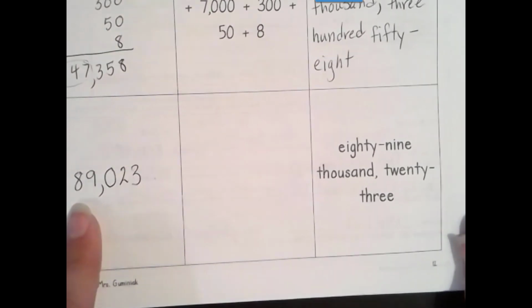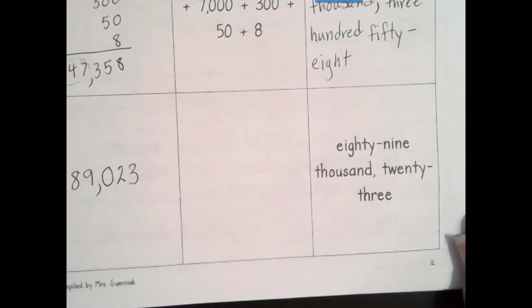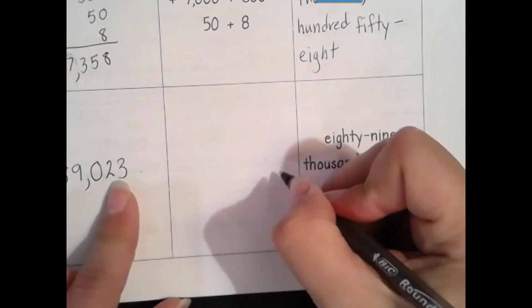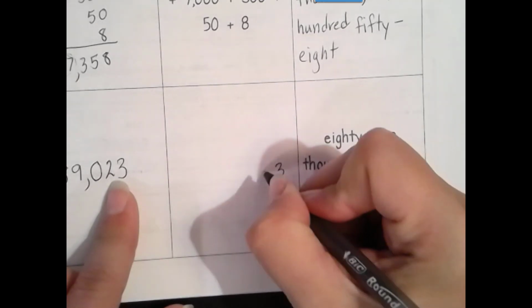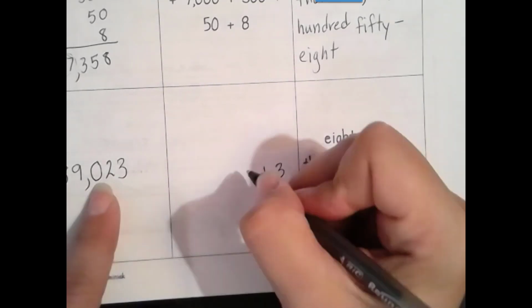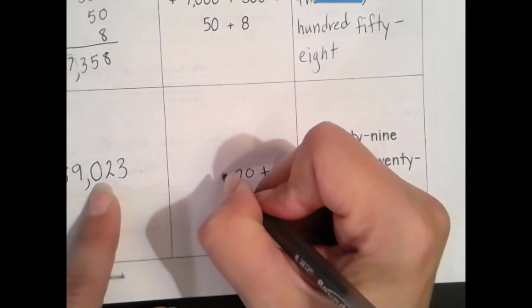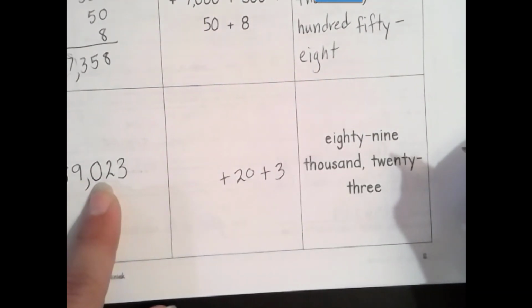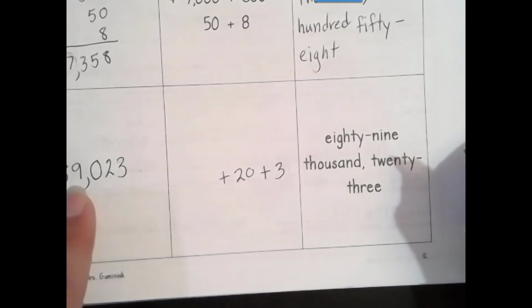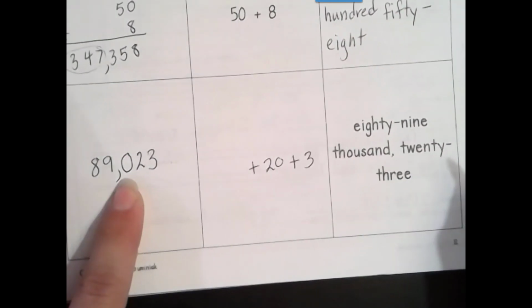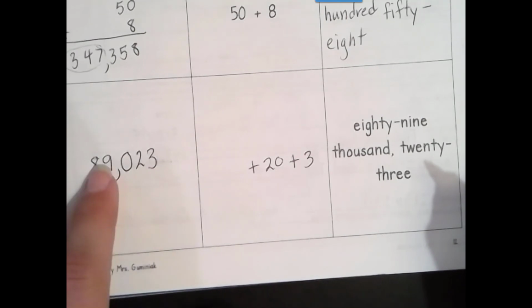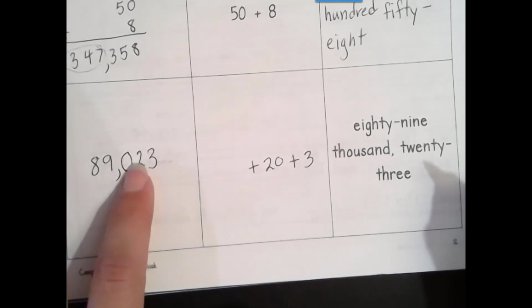Now that we have it in standard or base 10 numeral form, we can write it in expanded form. So we start with 3, and then we have 20, and then we have a placeholder. Remember, a placeholder is just keeping it from scooting together.